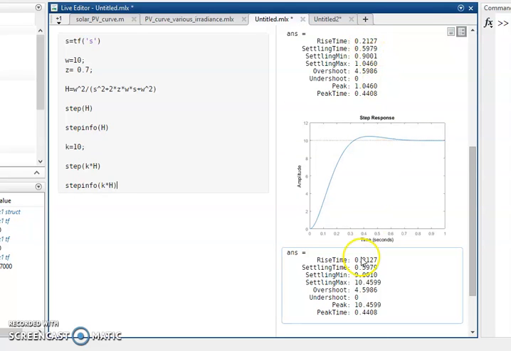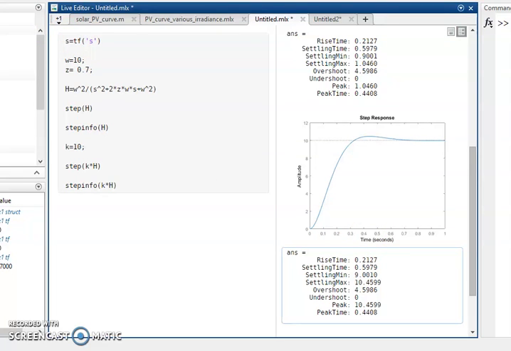The rise time is the same, the settling time is the same, and the peak time is also the same. That means K has not changed the system response characteristics. By introducing the gain, it just modifies the amplitude of the response.